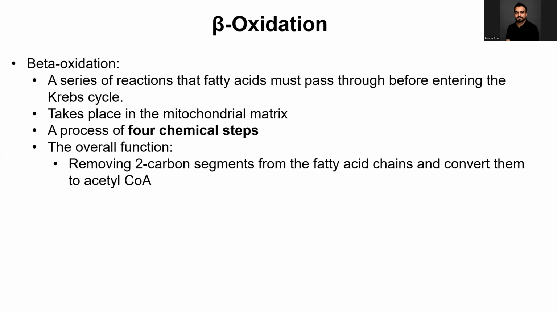And from there, that acetyl-CoA enters the Krebs cycle and does the rest of the process of oxidation. And it results in NADH and FADH2 just like the carbohydrates. And palmitate produces 113 ATP.